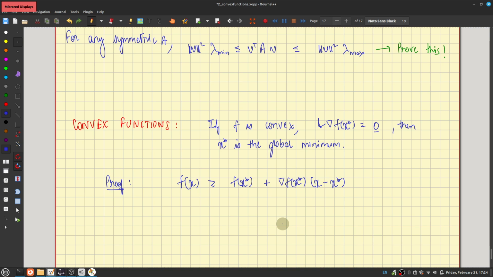We know that the gradient of f at x star is equal to 0, which means f of x is greater than or equal to f of x star for all x.